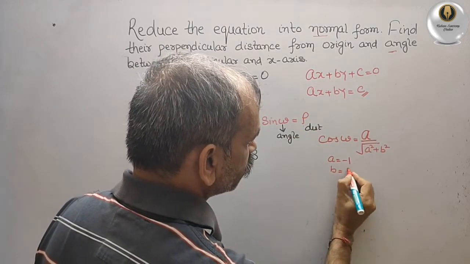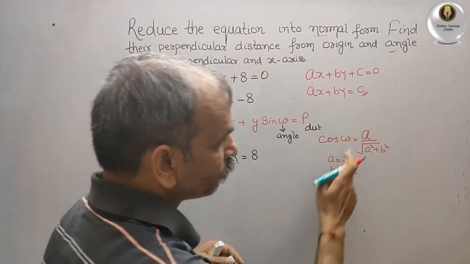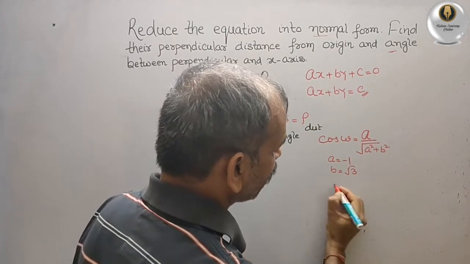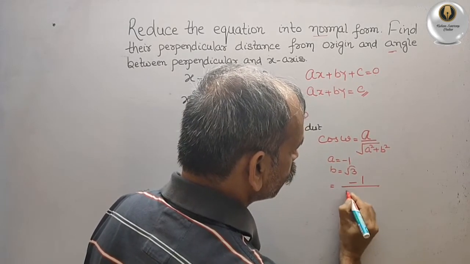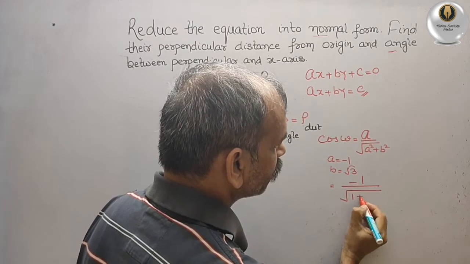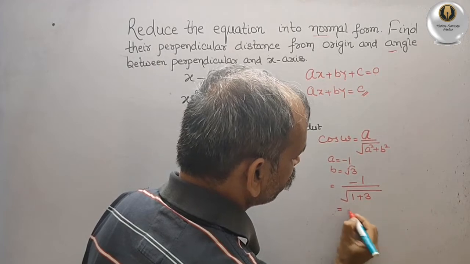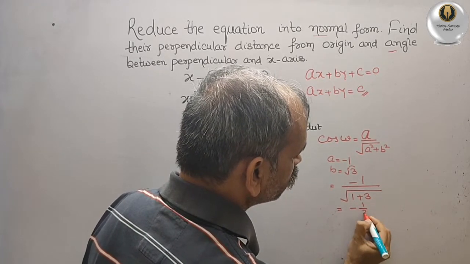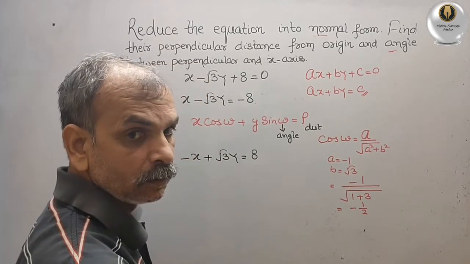Substituting, we get minus 1 by root over 1 plus 3, which is minus 1 by 2. This is cos omega.